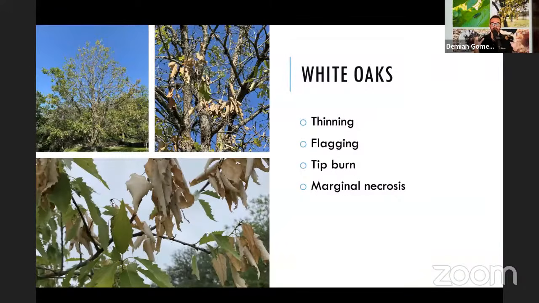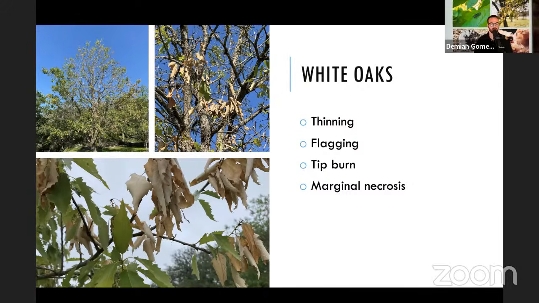White oaks, on the other hand, are less susceptible to the disease. However, again, they're not immune. So in some cases, some trees like post oaks are actually very resistant. We barely have any issues, and we have probably seen very few post oaks dying because of oak wilt. However, some of these other white oaks show some symptoms, and the common things that we've seen had to do with thinning or flagging of the leaves.